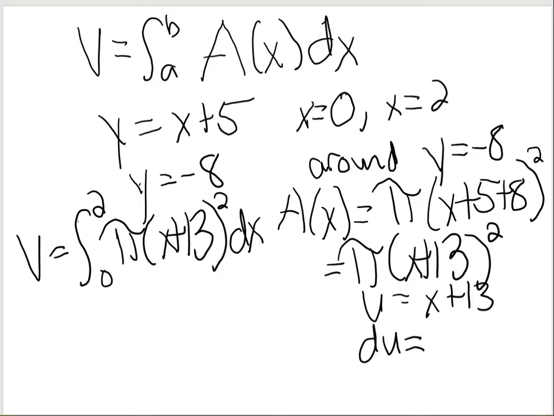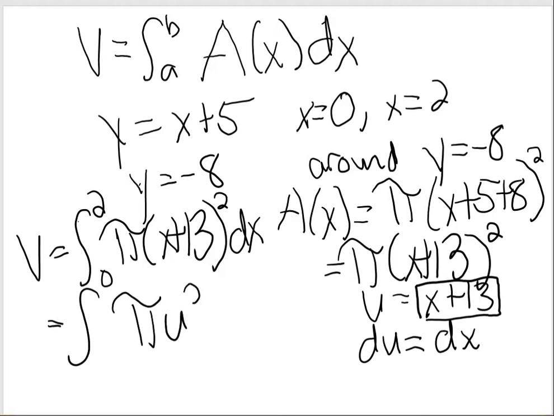So my du is dx because the derivative of this thing is 1. So this integral becomes pi u squared du, integrated from, plugging in our numbers, 13 to 15.